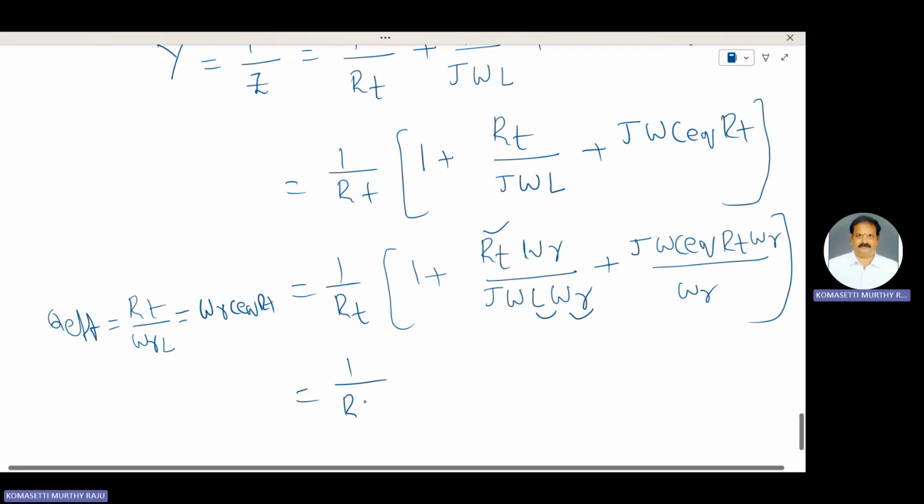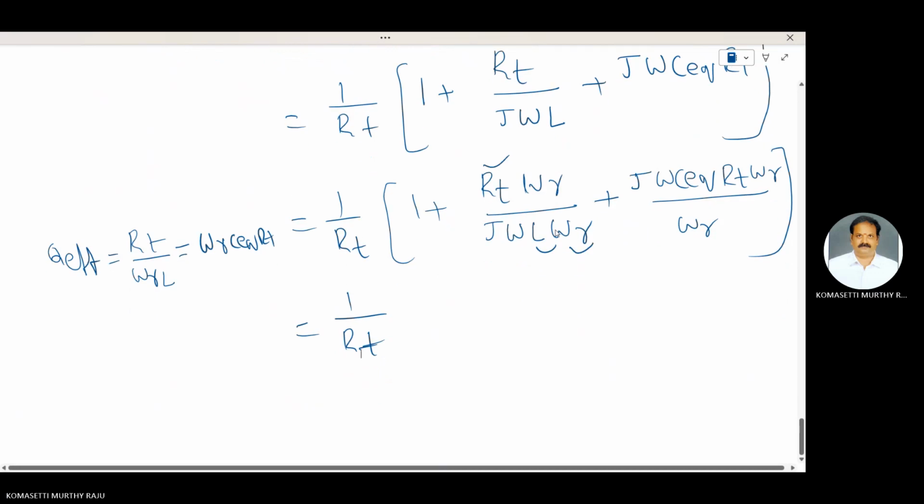That is equal to 1 by RT into 1 plus ωR RT by L ω, which is Q effective.